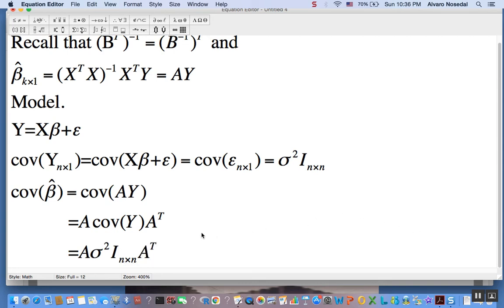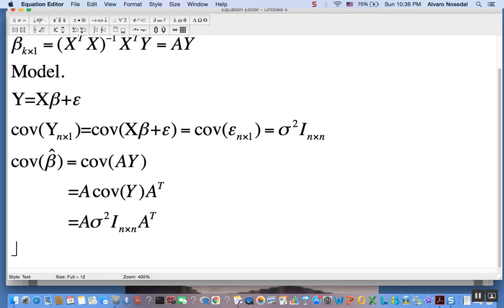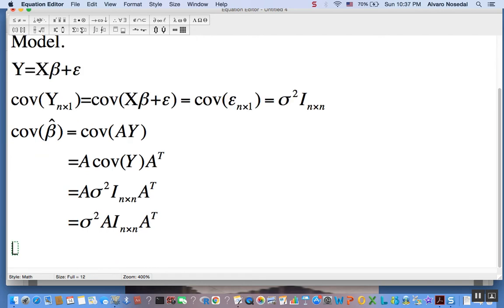Now that sigma square is a constant, so we're going to be able to factor it out. When doing that sort of matrix multiplication, you can show that you can factor the constant out. So we have sigma squared here, then the identity times A transpose, which is just A transpose. So we have sigma squared times A times A transpose.